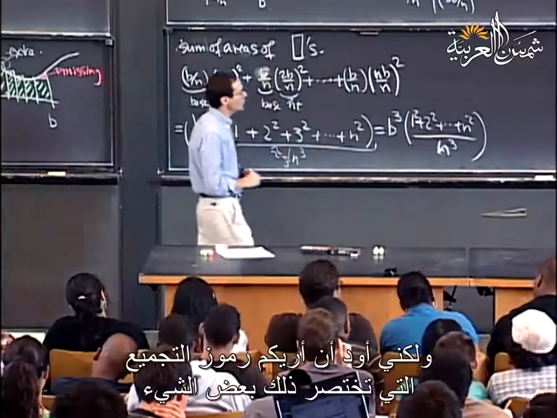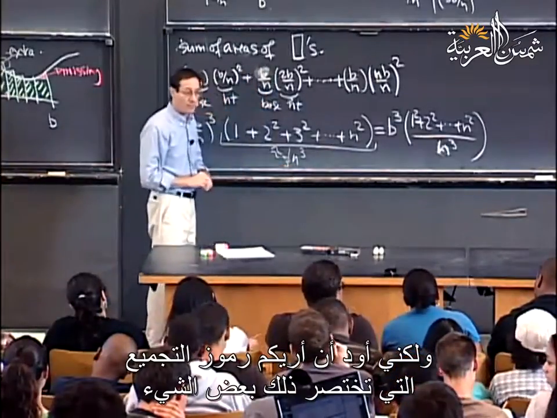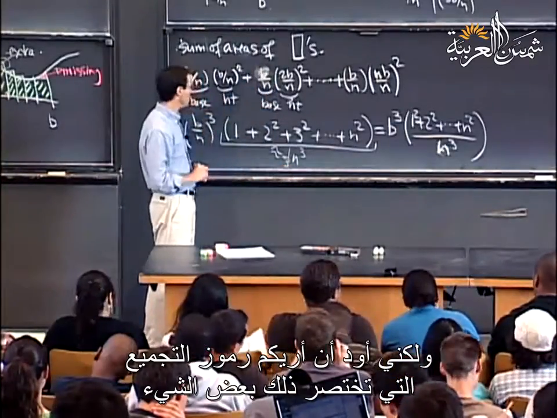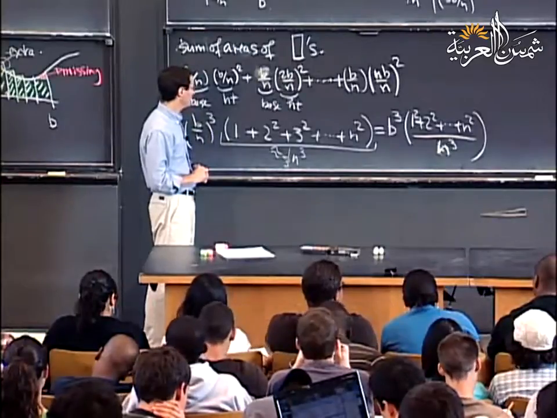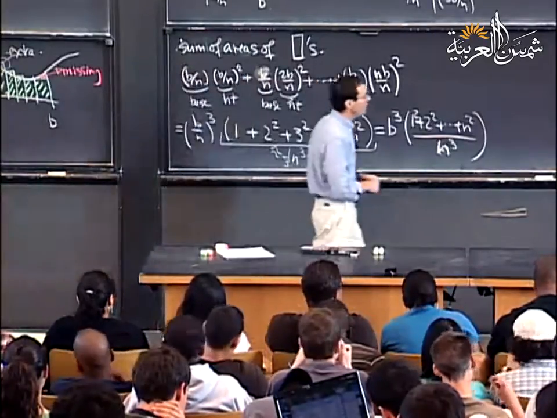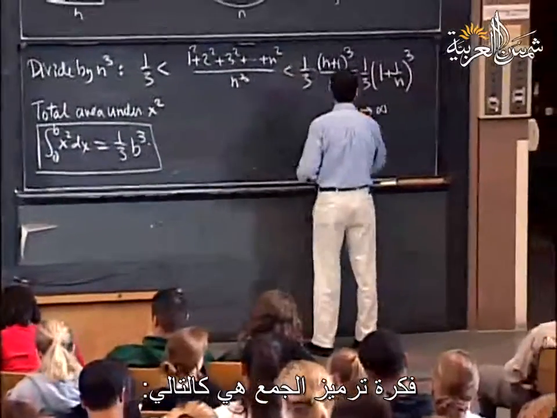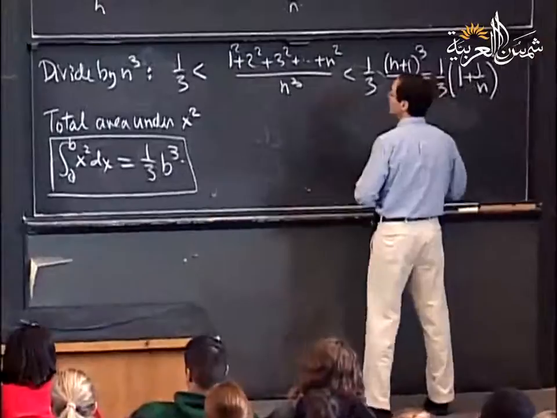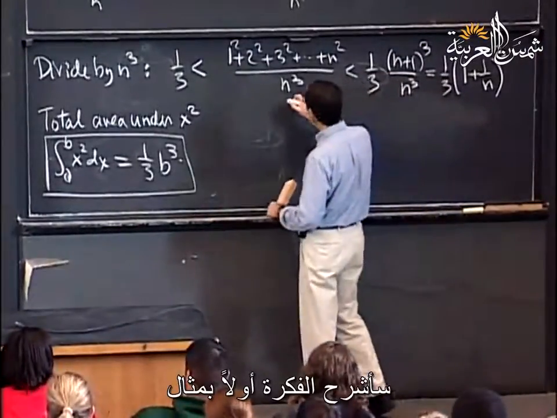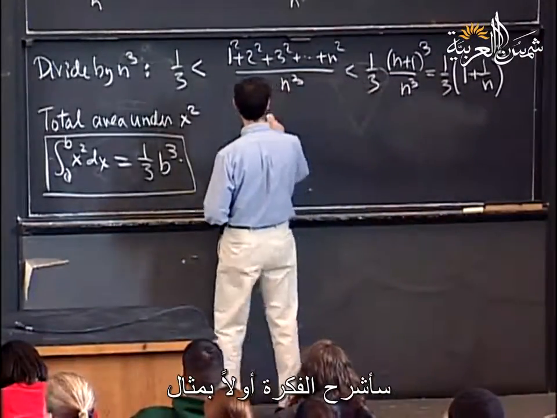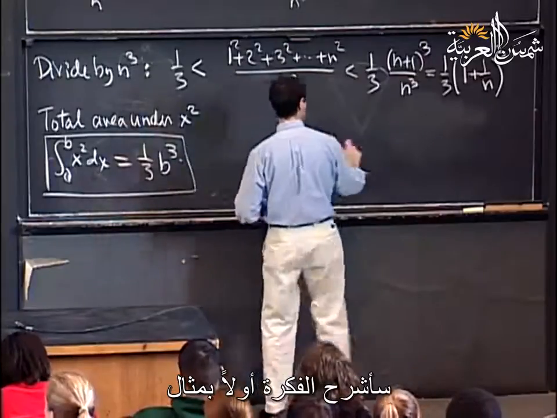But I want to just show you the summation notation in order to compress it a little bit. The idea of summation notation is the following. I'll illustrate it with an example first.